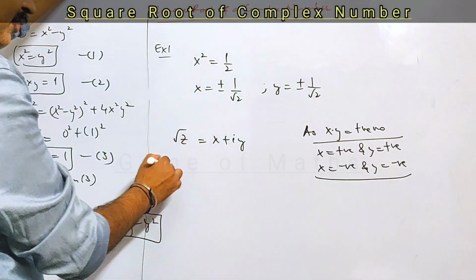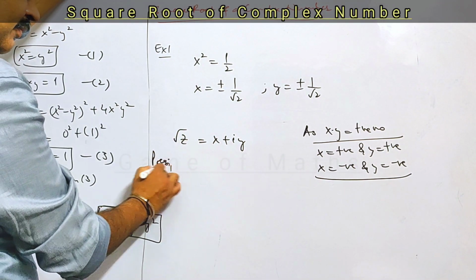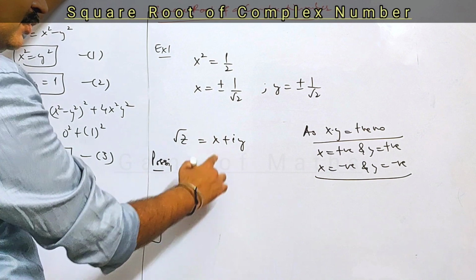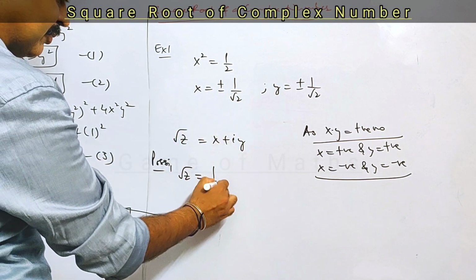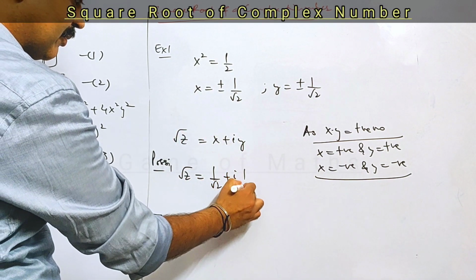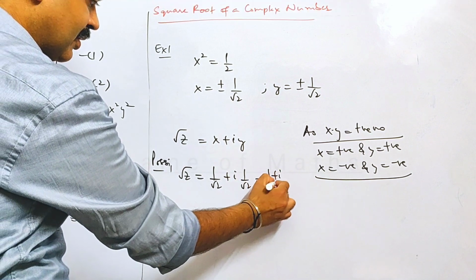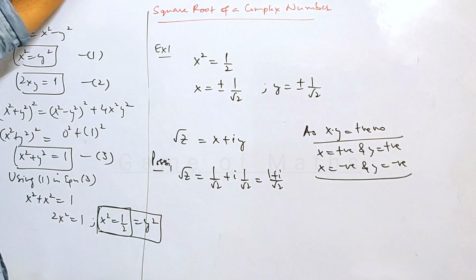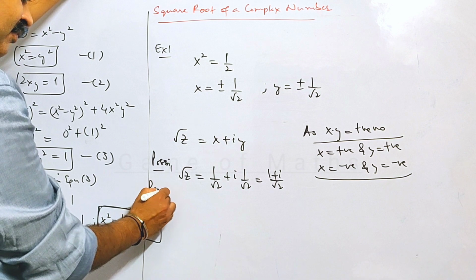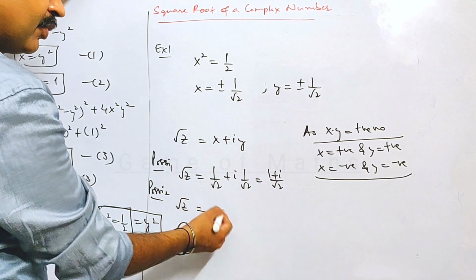So possibility 1 would be square root of z is equal to, when x and y are both positive, 1 by root 2 plus iota into 1 by root 2. That can be written like this. This is one possible square root. While possibility 2 would be when both are negative.